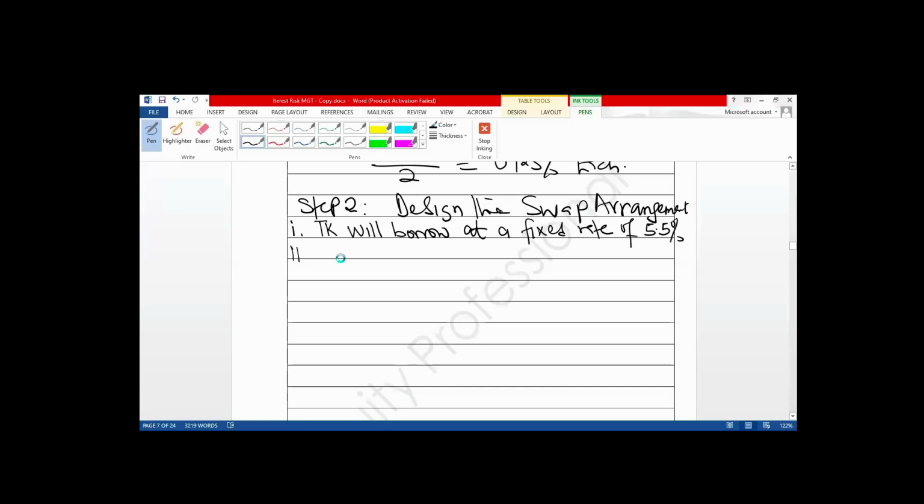So MP, we have to borrow at a floating rate, prime lending rate plus 2.25%.